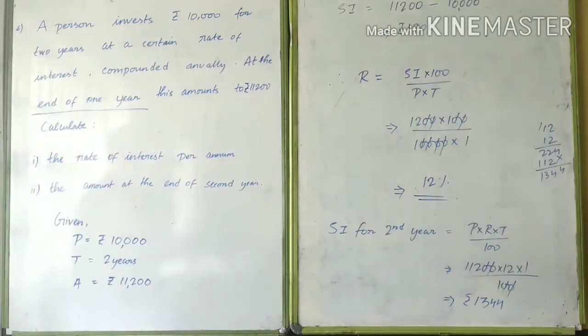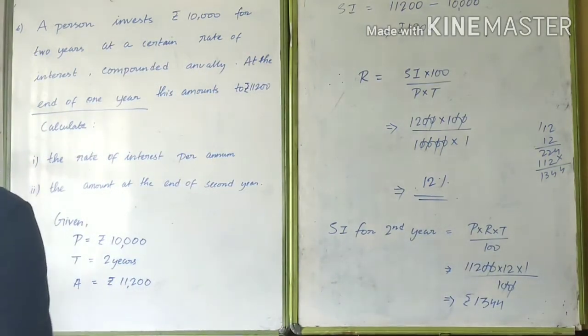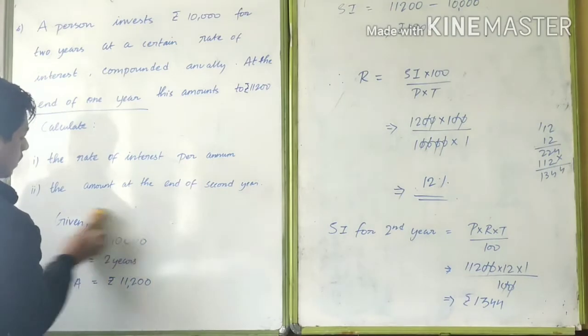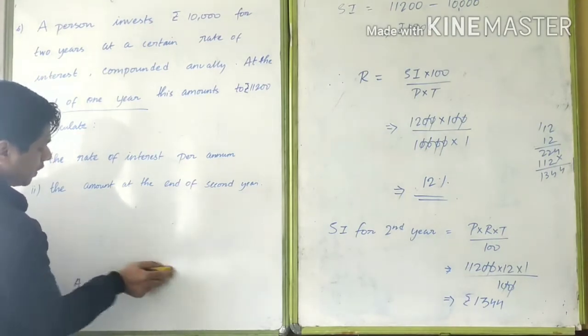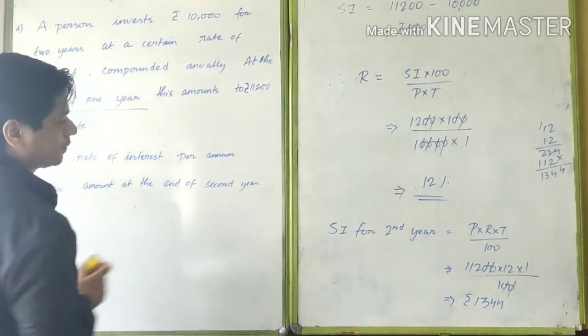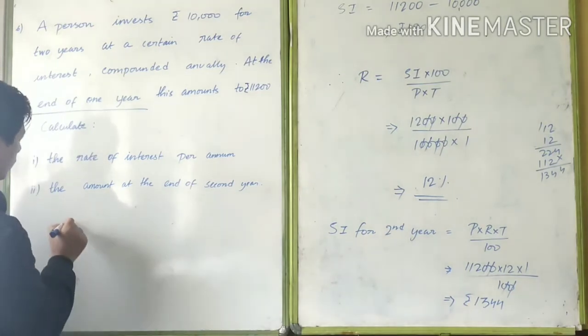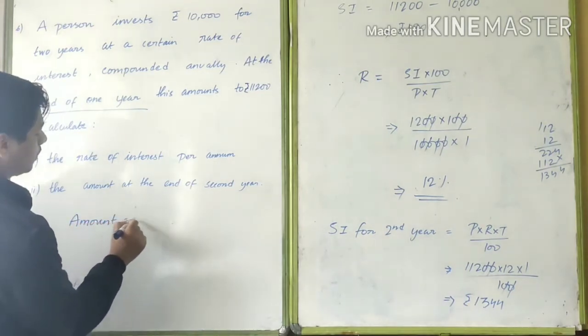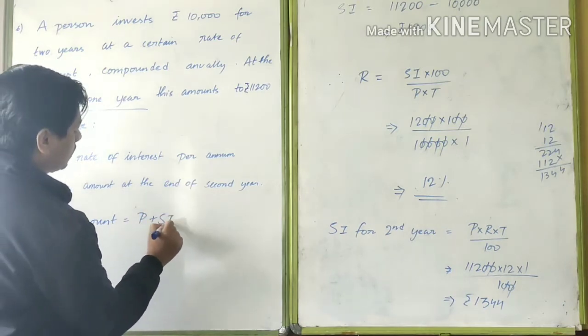Okay. Now what we have to do is we have to find the amount. We know the formula of amount. Amount equals P plus SI.